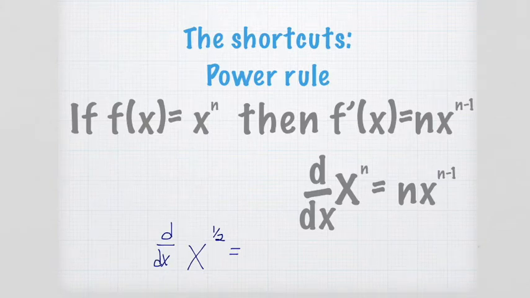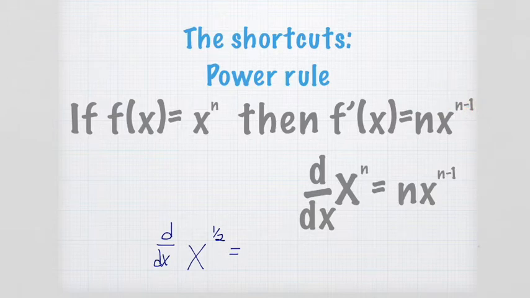The shortcut is the power rule. For the power rule, if you know that f of x is some power, x to the n, then all you've got to do is take that power, that n, and multiply it by your x value, and for the power, subtract 1 from it.